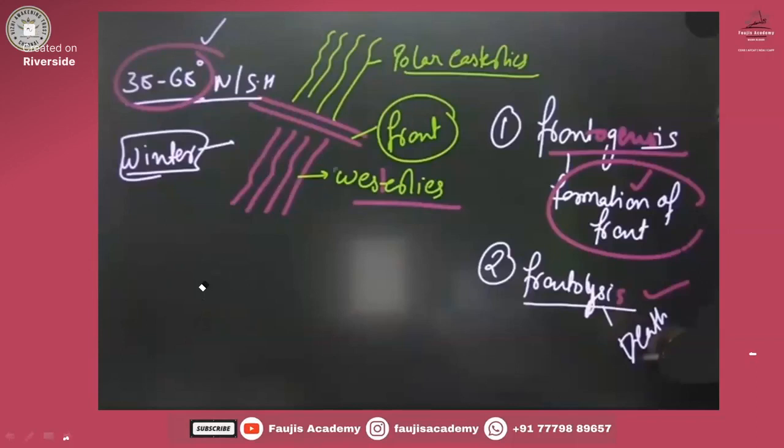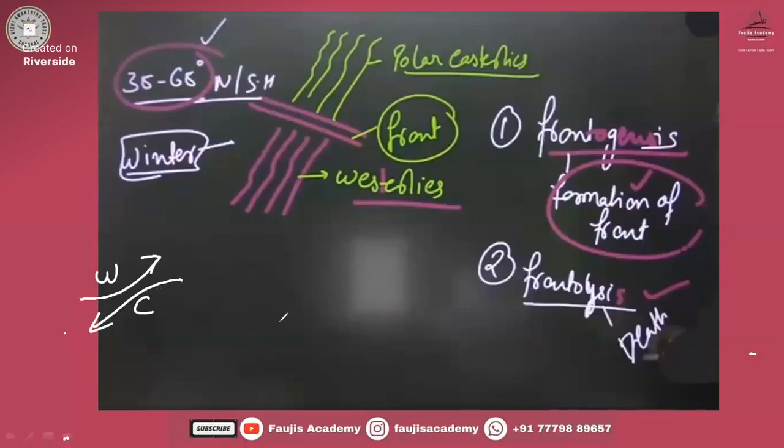And see what will happen as front formation is happening. Now this warm air is rising up, and this part is going down, cold air. This is warm air, this is cold air. Now front formation is happening. That formation of front is known as frontogenesis. And frontolysis, when does it happen?